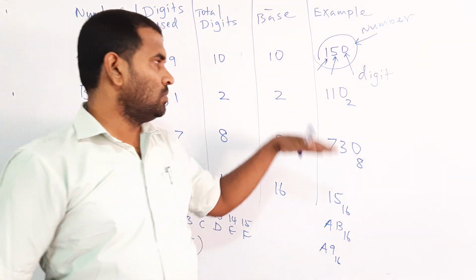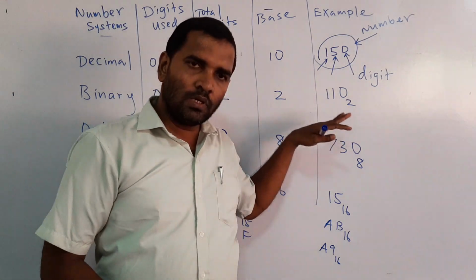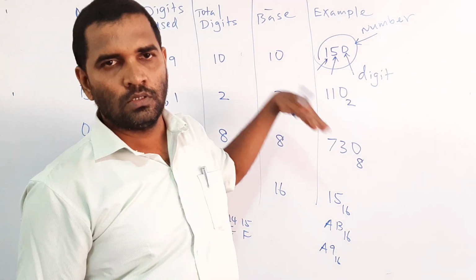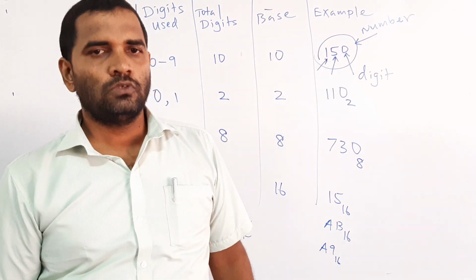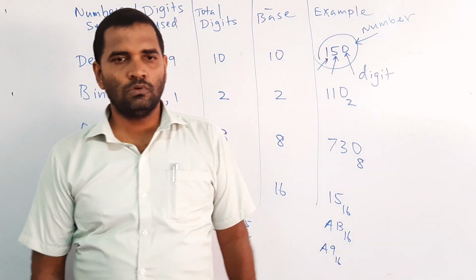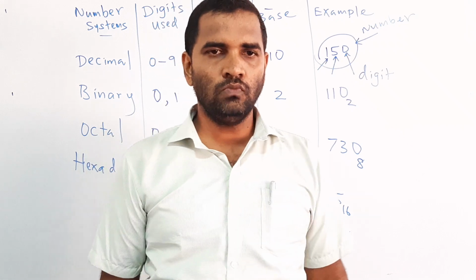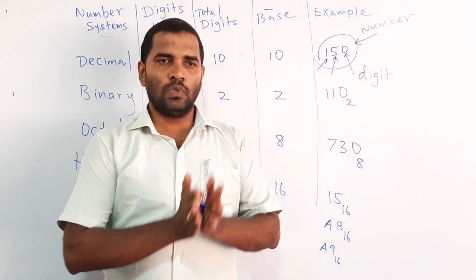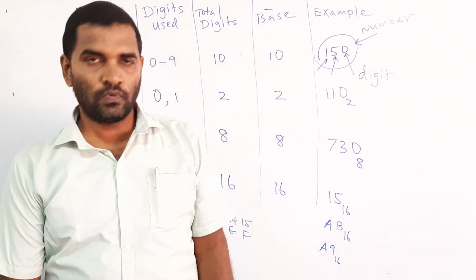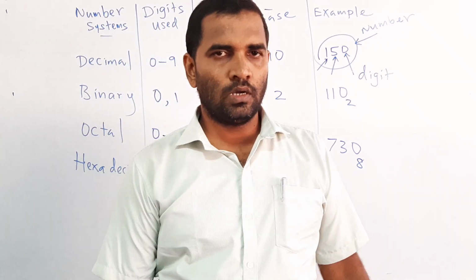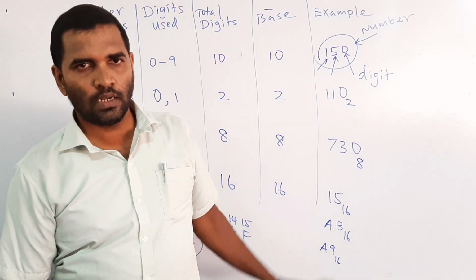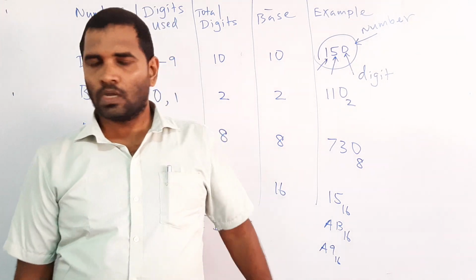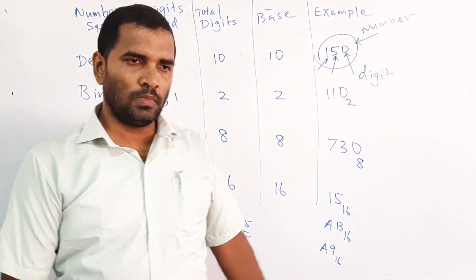At the same time, we should be able to convert other numbers to other number systems. It takes some time to go through all these conversions. In fact, we have around 10 conversions. So we can start them in the coming tutorial or coming class.